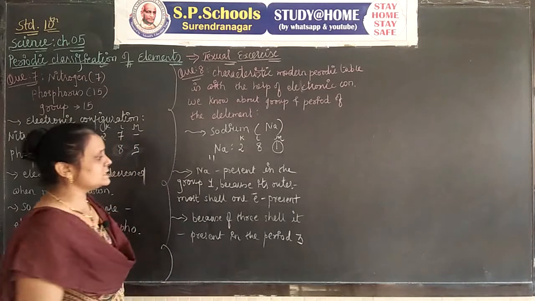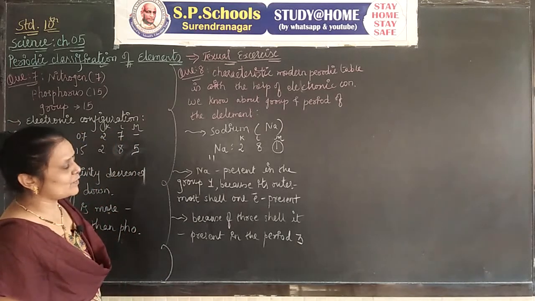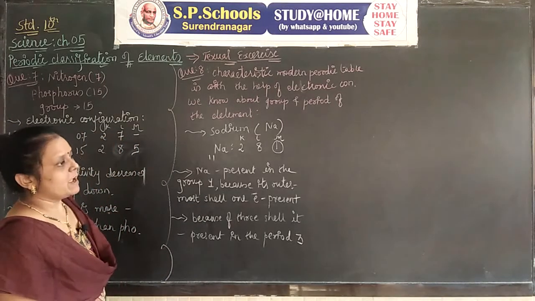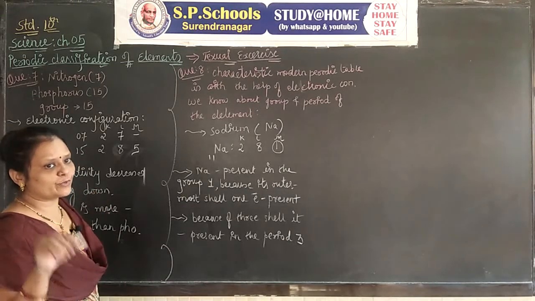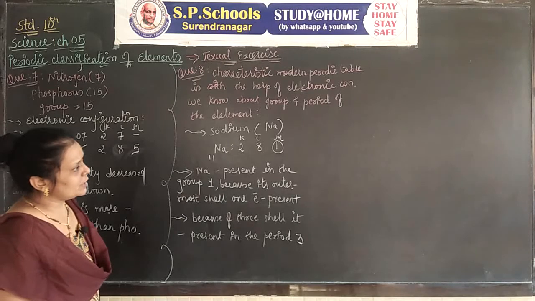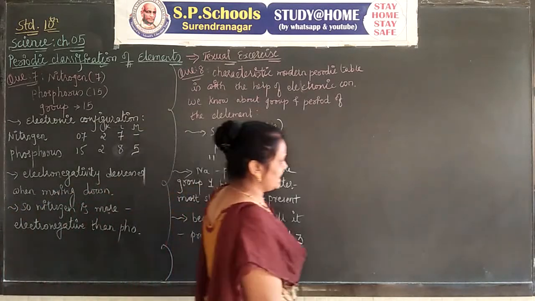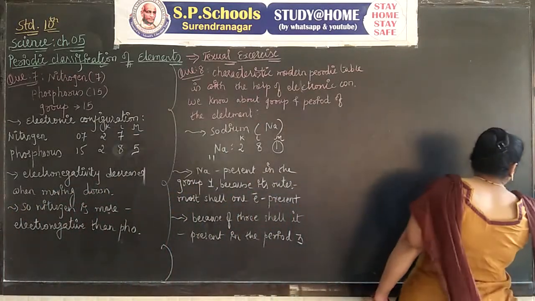The example says that with the help of electronic configuration, we know the element is present in which group and which period in modern periodic table. Let's see the next question.